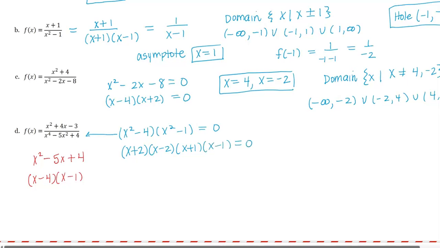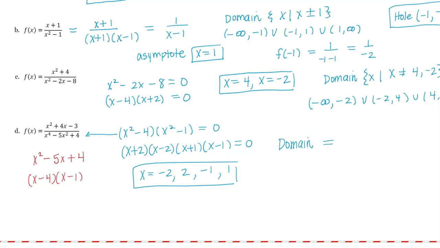So in this case, it looks like we've got 4 asymptotes. -2, +2, -1, and +1. For our domain, x cannot be equal to ±2, ±1.